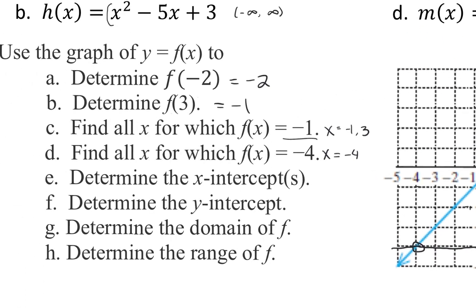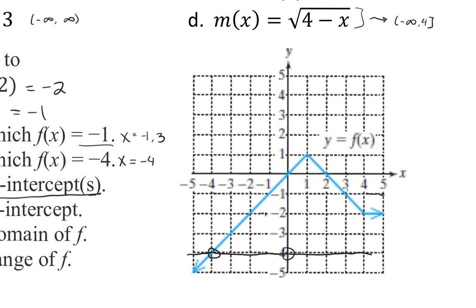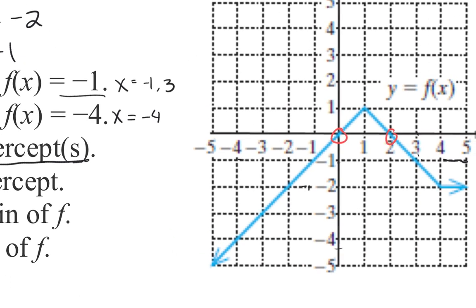Next, we want to determine the x-intercepts. Those are going to occur when y is equal to 0. If we look at our graph, that is going to happen here and here. So that point, 0, 0.